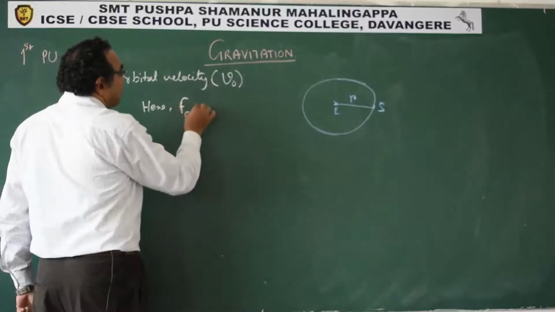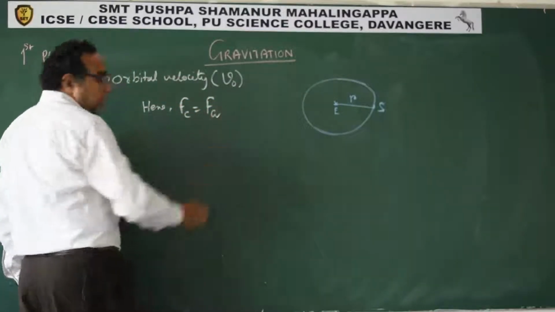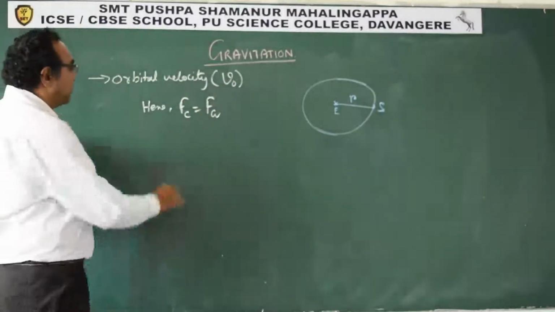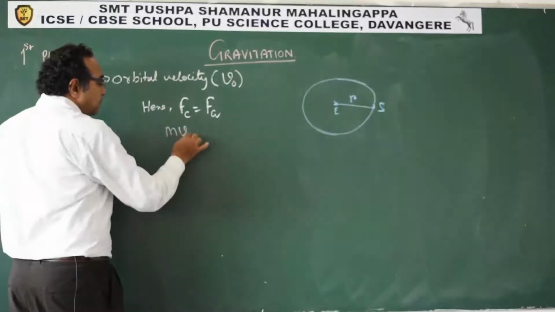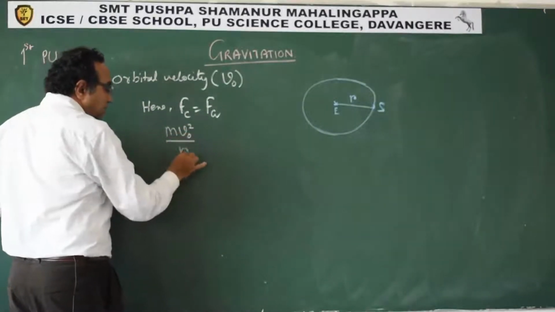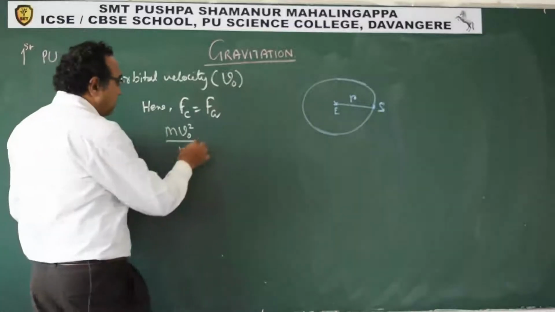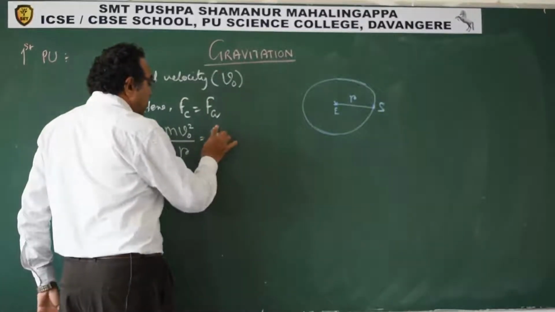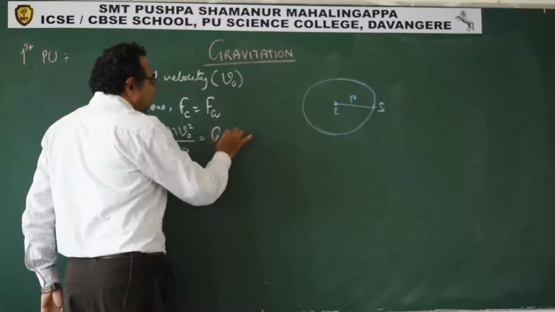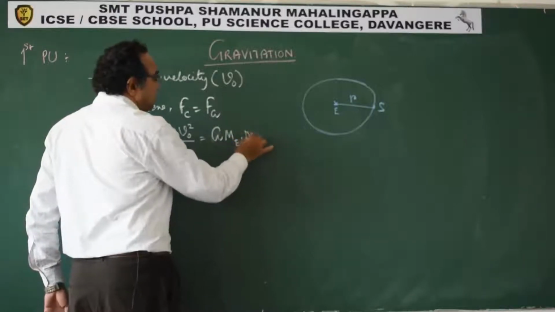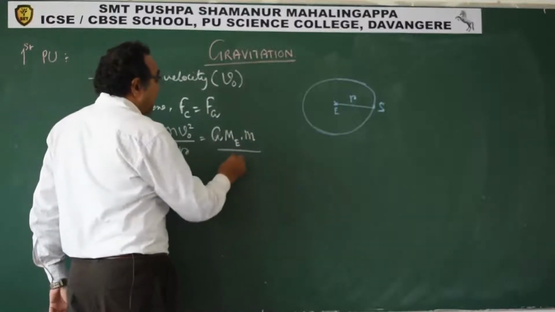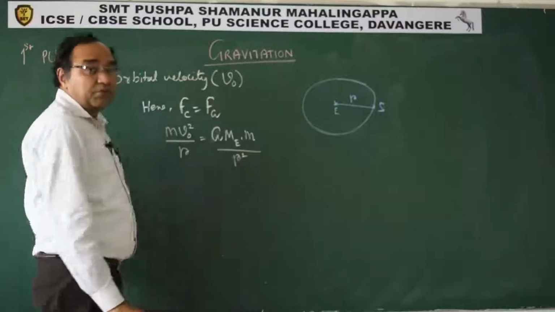Centripetal force is m v square by r, and the gravitational force is G, mass of earth, mass of satellite, by r square. This is what we have.